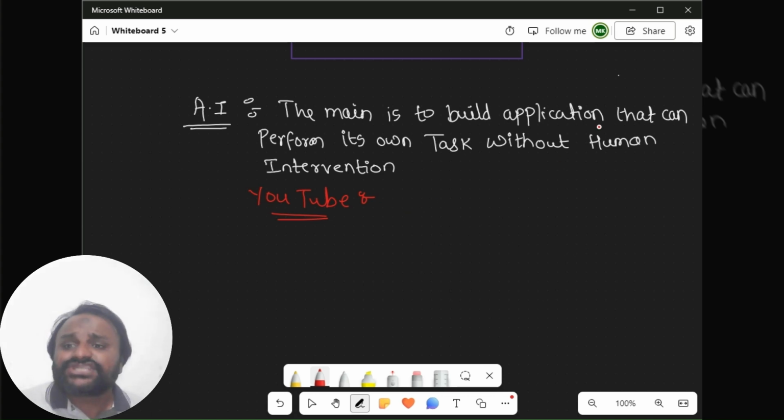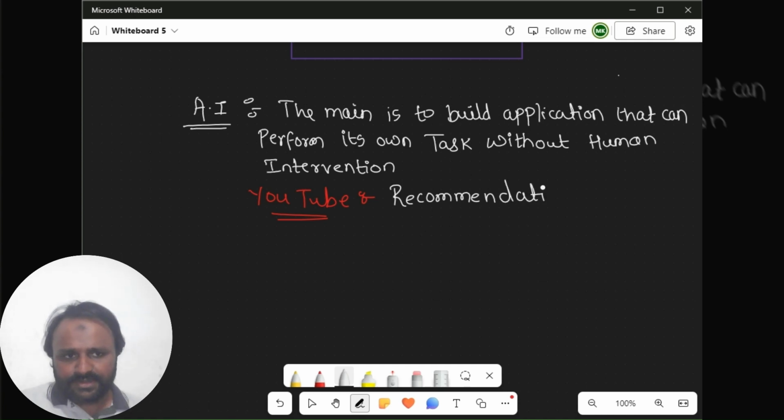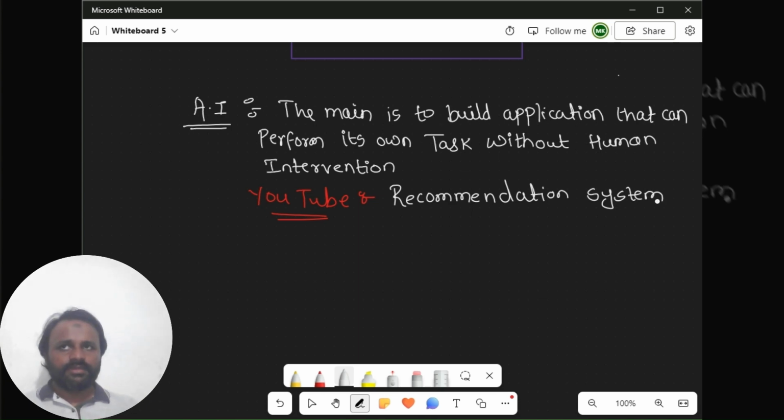The recommendation system. If you are aware of recommendations, I can suggest this to you: the recommendation system is one of the examples. How is this possible without human intervention?